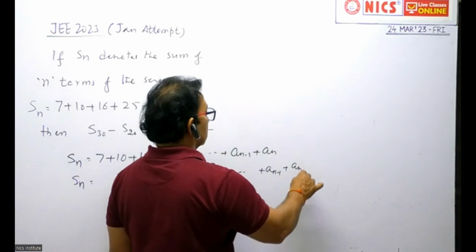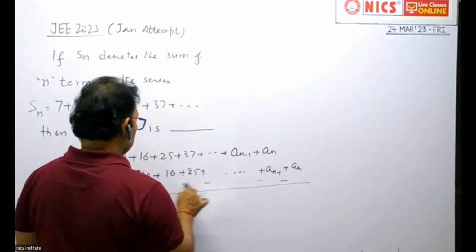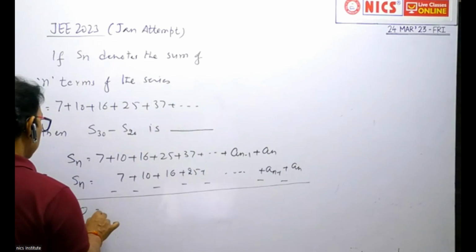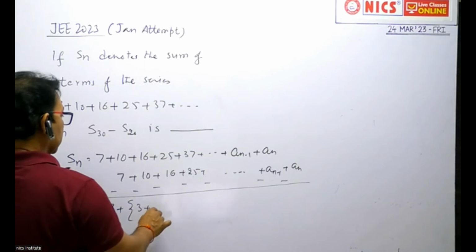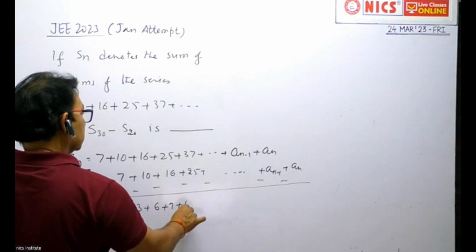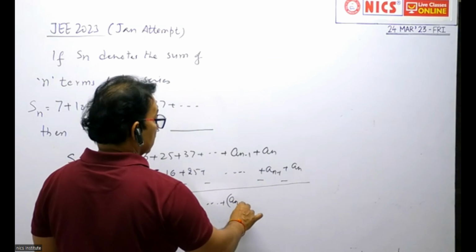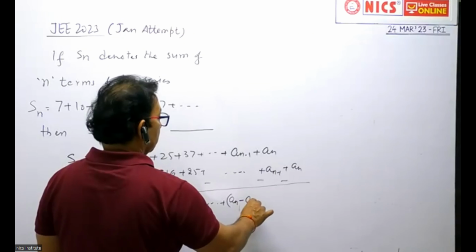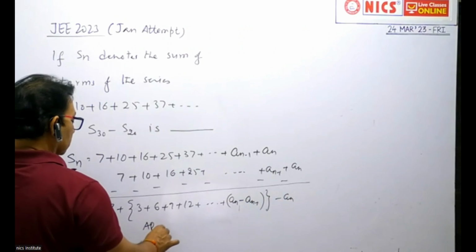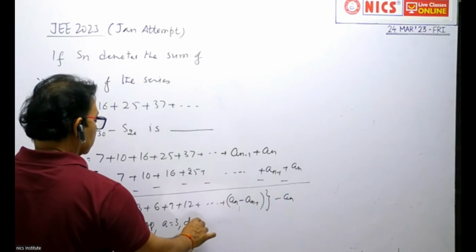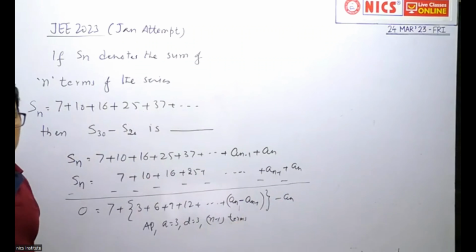And then subtract, shifting each term to the right by one place and subtract. And now you notice that the sequence in the curly bracket is basically an AP. This is an AP, which has first term 3, common difference 3, and number of terms always n minus 1.